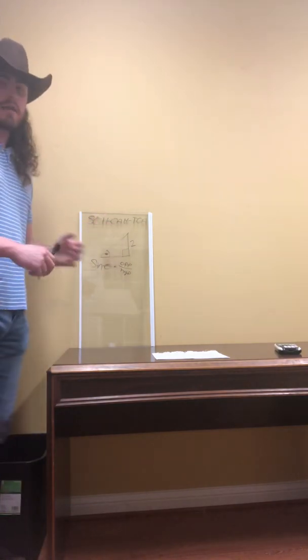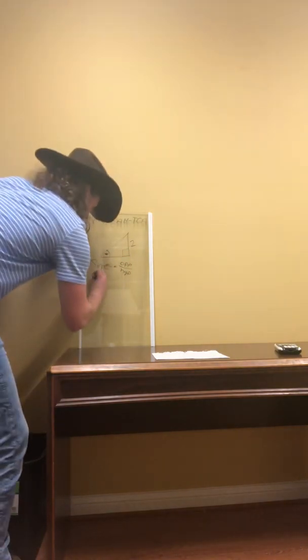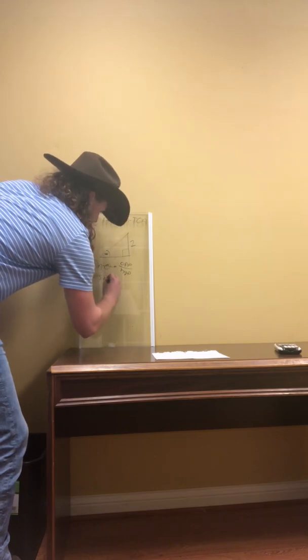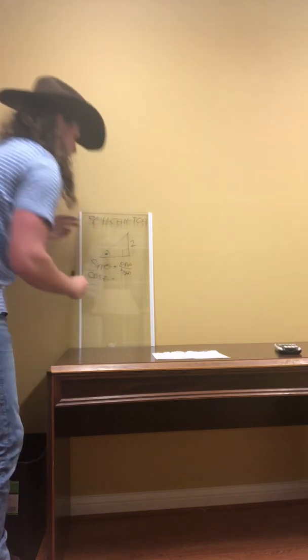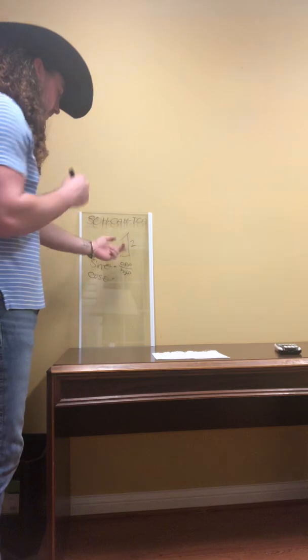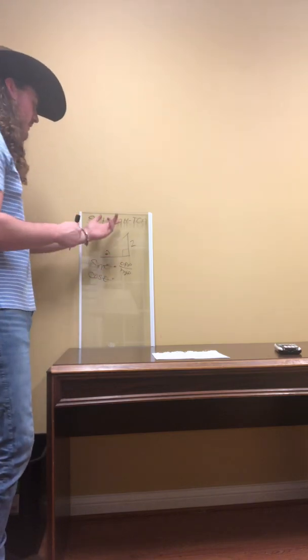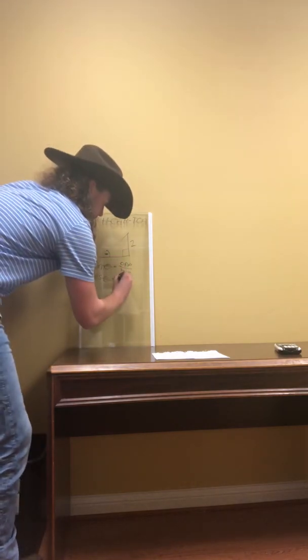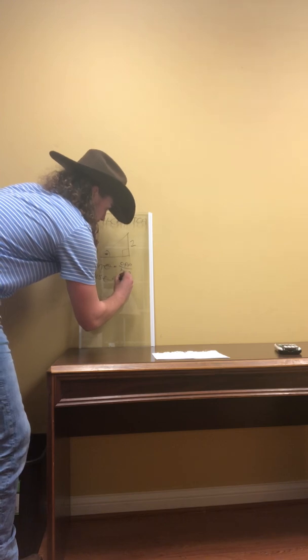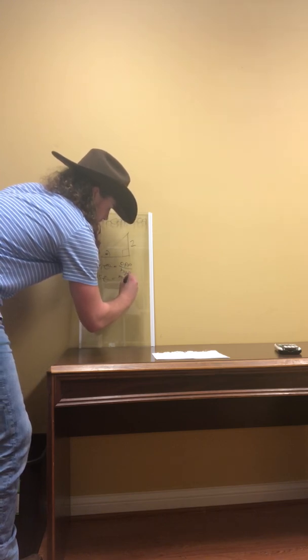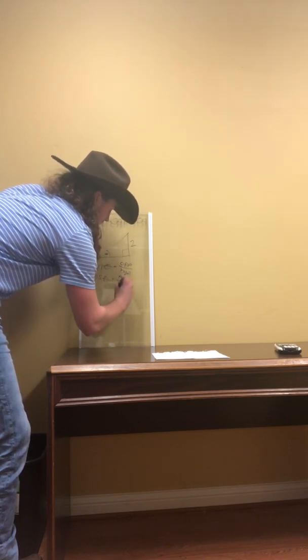Now, CAH would be for cosine of theta. And I'm sure based on what we've already learned from sine, cosine is equal to the adjacent side divided by the hypotenuse.